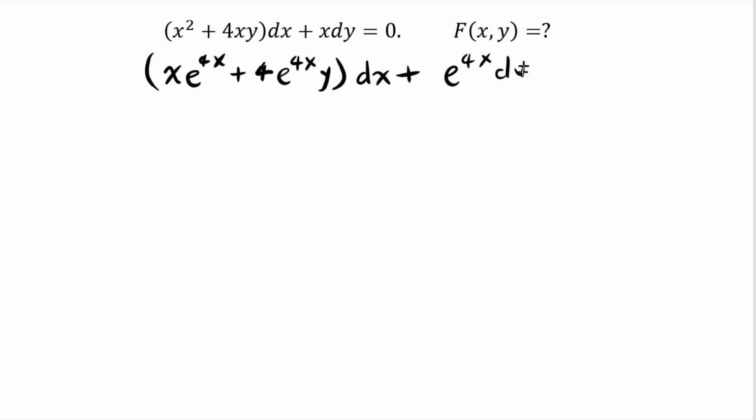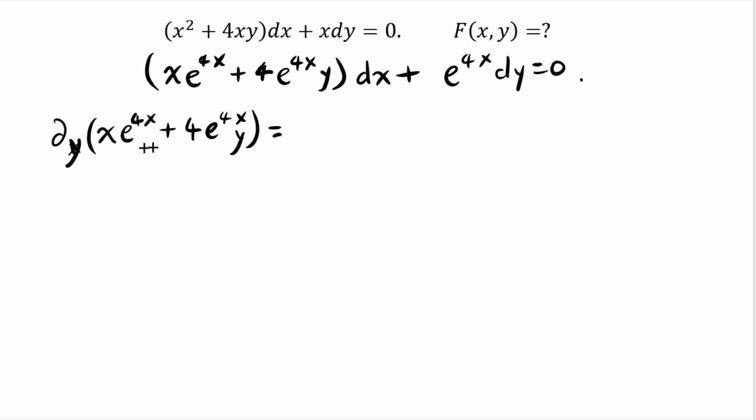Now let's check if this is exact. If you take the first element and differentiate by y, then the x e^(4x) term becomes 0, whereas the second part just gives you 4 times e to the 4x.